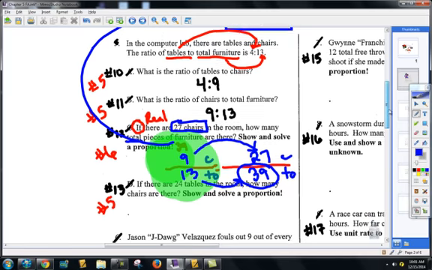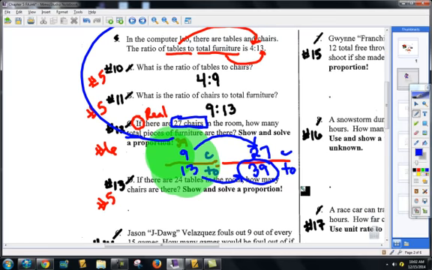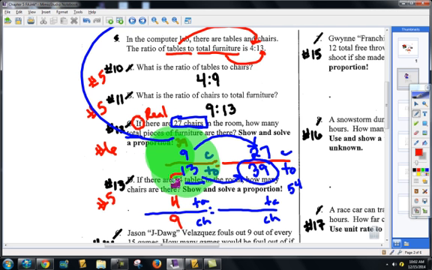Okay? Next one here, I can tell you that the answer is 54, but if you don't have the work, it's going to be incorrect. Okay? So, I know that they're giving me an amount of tables, and they're asking me for an amount of chairs. Okay? So my fake ratio of tables to chairs is 4 to 9, and they're giving me an actual amount of tables, which will put it there.